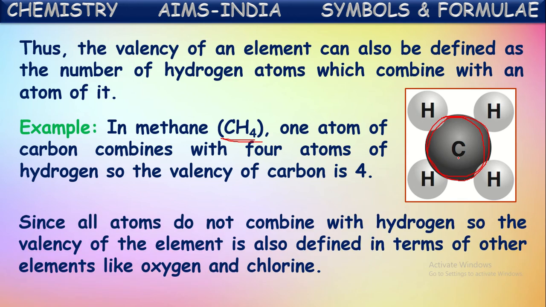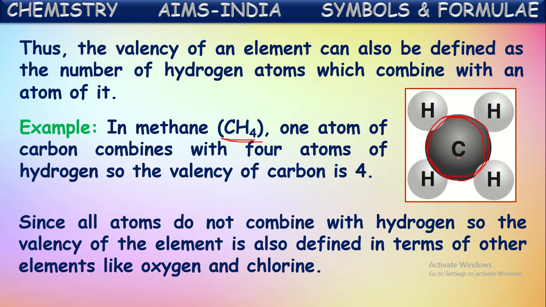Since all atoms do not combine with hydrogen, the valency of elements is also defined in terms of other elements like oxygen and chlorine. As we have seen in the methane molecule, the valency we got was 4. But most of the elements may not react with hydrogen.